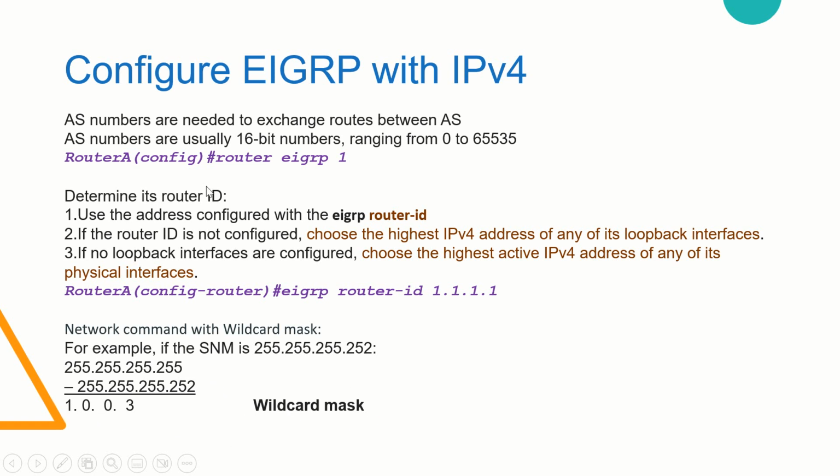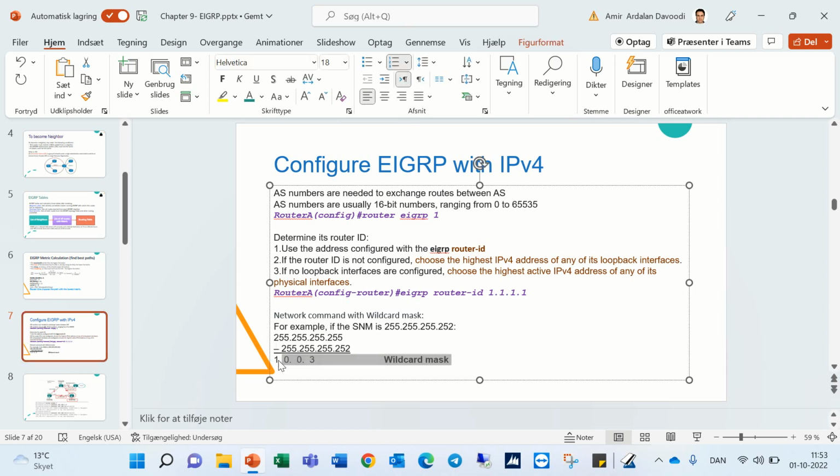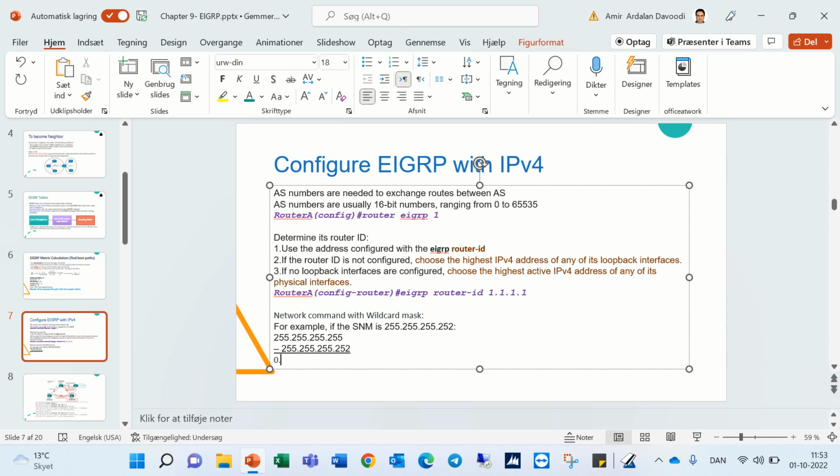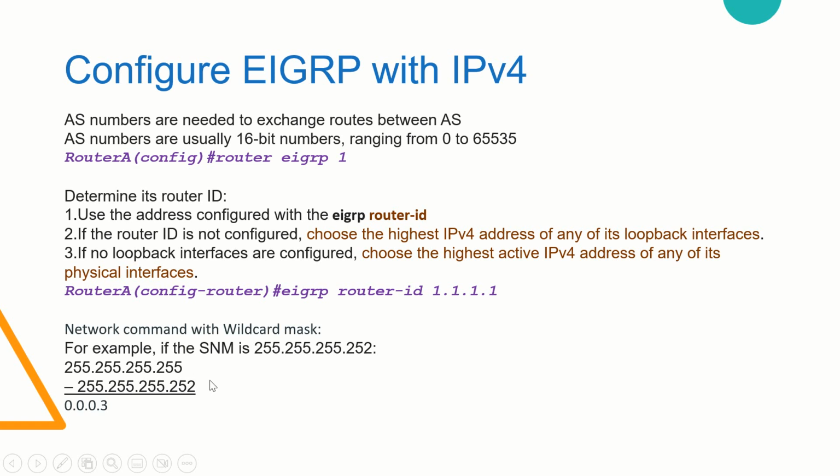The wildcard mask should be 0.0.0.3. Yes, this one: 255 minus 255 should be 0, 255 minus 255 should be 0, 255 minus 255 should be 0, 255 minus 252 should be 3.